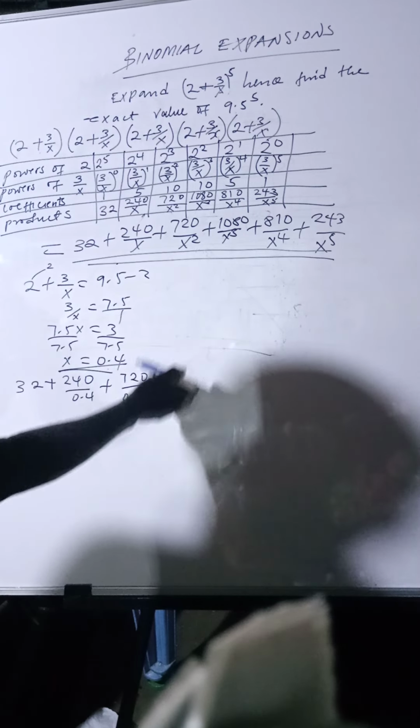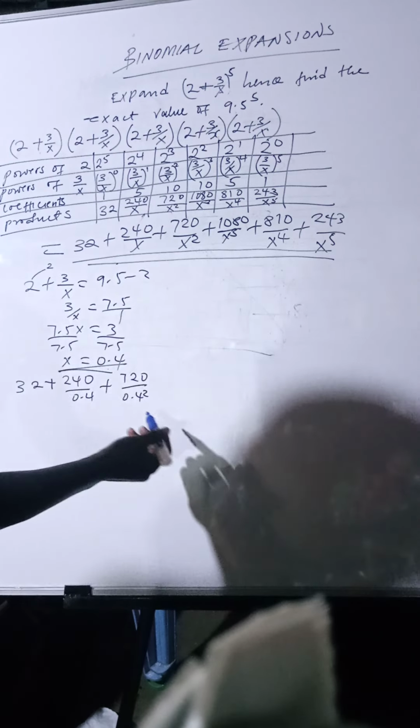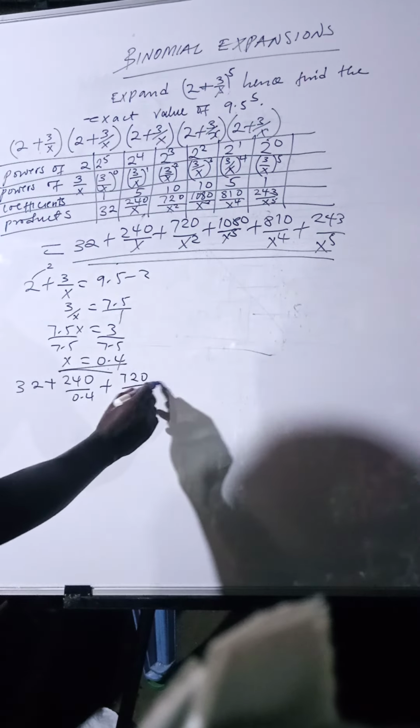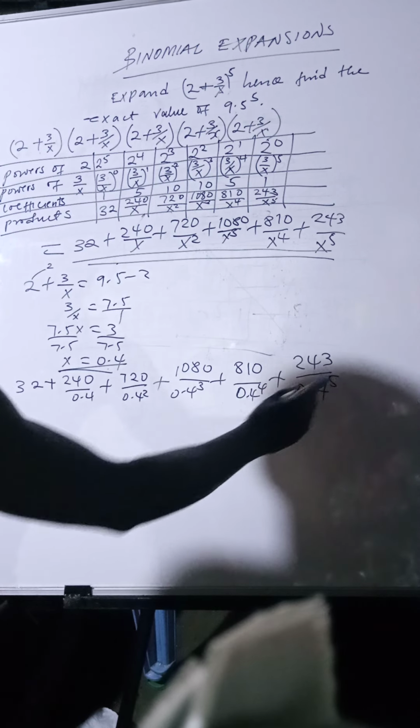Now where there is x, substitute with 0.4, then plus 1080 divided by 0.4 raised to the power 3 plus 810 over 0.4 raised to the power 4, then plus 243 over 0.4 raised to the power 5.